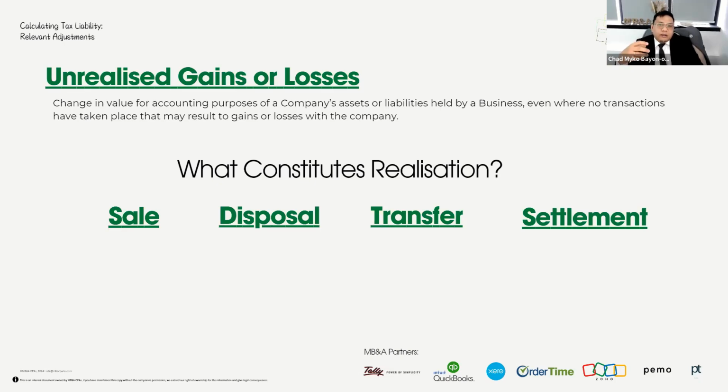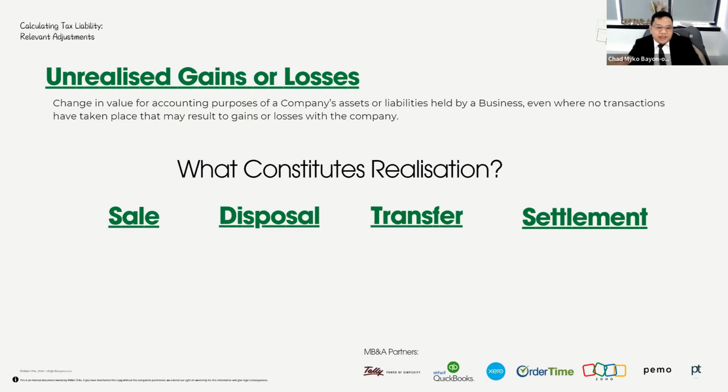So again, if you have a building of, let's say, 30 million, and the value of that building the next year has increased to 35 million, then in your accounting, as per the accounting standards, you need to convert this building to its fair value of 35 million, and you will have a gain of 5 million.